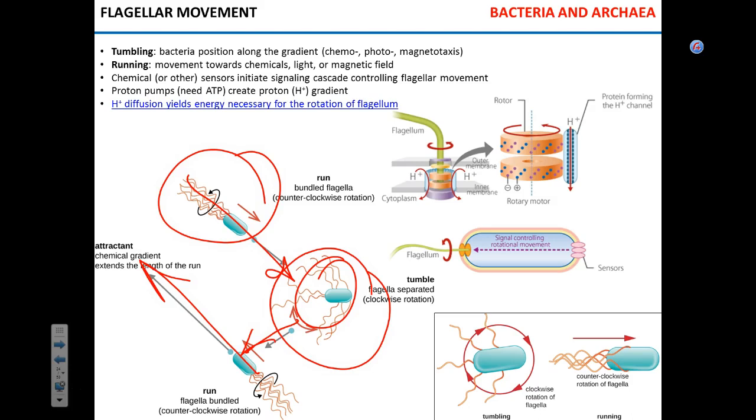Bacteria do create a hydrogen ion gradient, just like they do in cellular respiration. Then, when hydrogen ions diffuse through the channel right here, okay, kinetic energy of hydrogen ions passing from high concentration to low. Look at this slope that I draw in the upper right corner. Think about this ball. It's a hydrogen ion. As it runs down the slope, it gains kinetic energy.